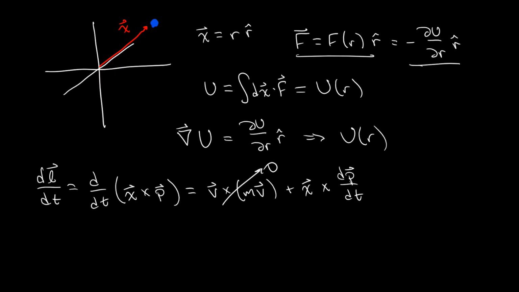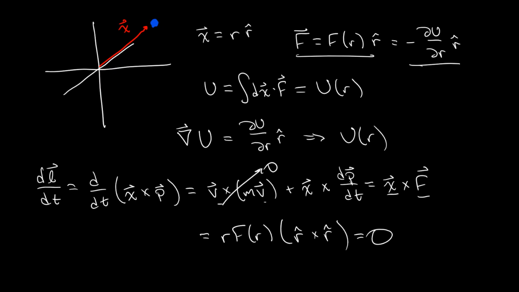This gives me 0 because v is obviously parallel to itself and has no perpendicular component. So this gives me something like x cross f. Now when I write this out, this gives me something like r f of r hat cross r hat, because x points in the r hat direction, f points in the r hat direction, which gives me 0.